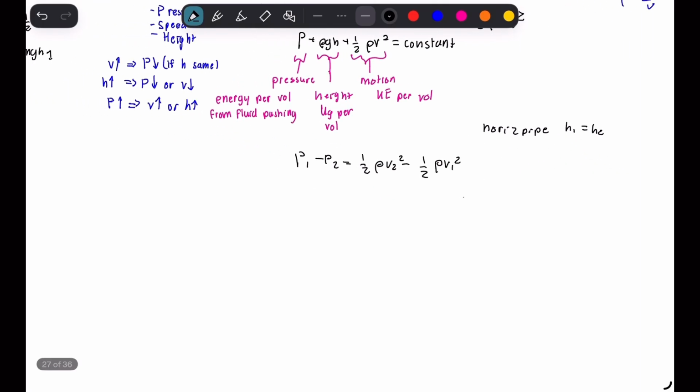And we know that the difference in pressure, delta P, is rho GH. For a horizontal pipe, you can write the change in pressure is equal to rho GH, which is 1/2 rho V2 squared minus 1/2 rho V1 squared.